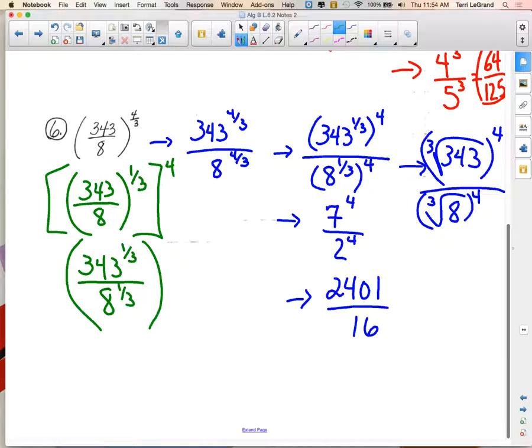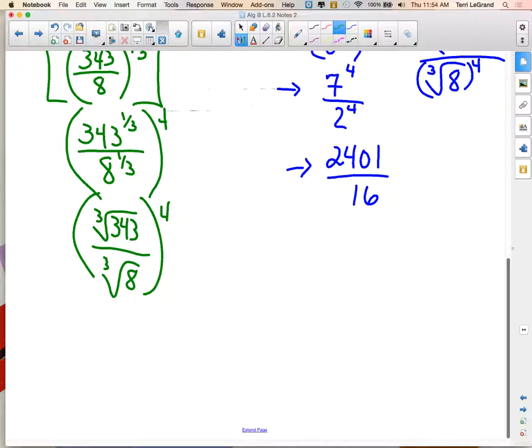That is going to be taken to the 4th power, and we end up with the cube root of 343 over the cube root of 8, taken to the 4th power. And we still end up with this being 7, and this being 2.